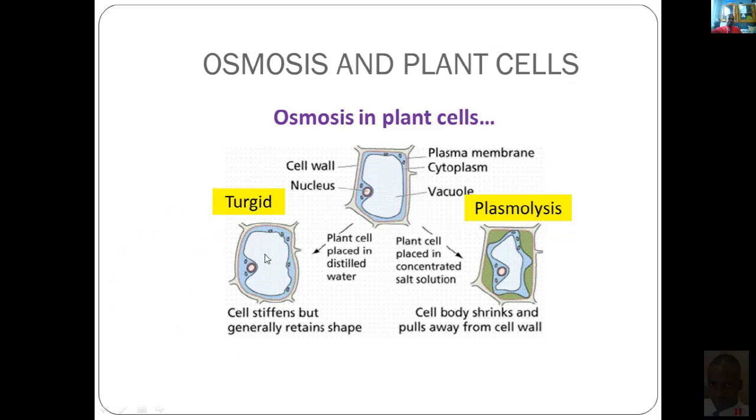As a result of that, the pressure in the cell increases, and the cytoplasm and the vacuole are going to expand, because it's like blowing air into a balloon. Once it expands, it's going to reach what we call the cell wall.